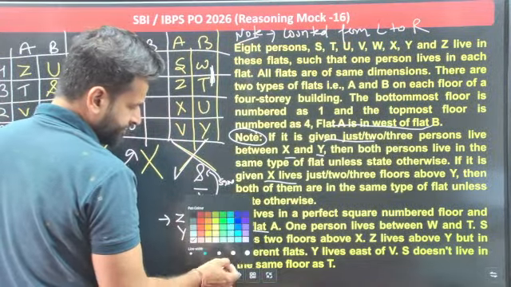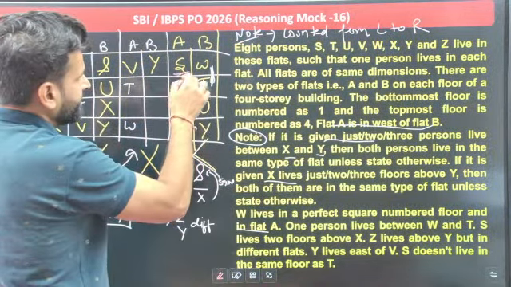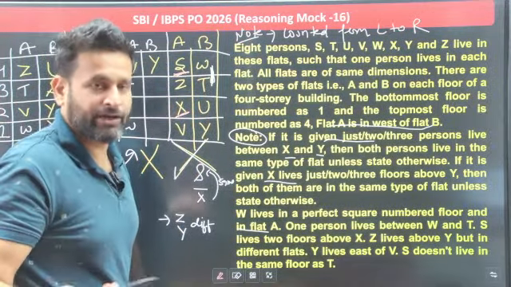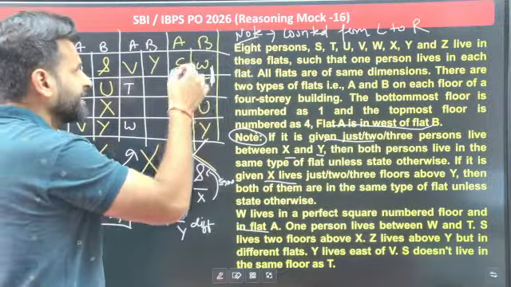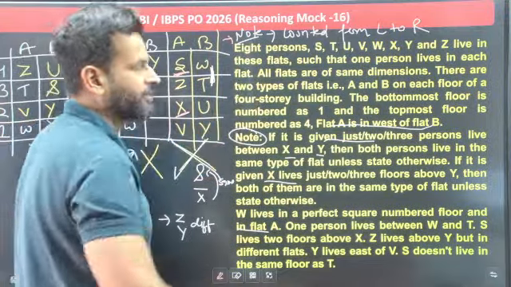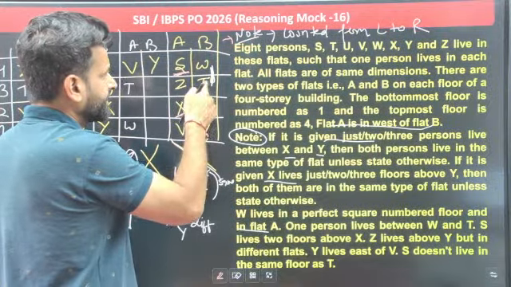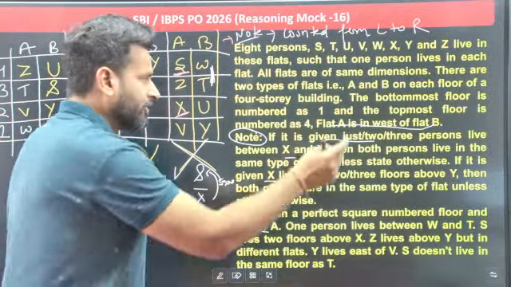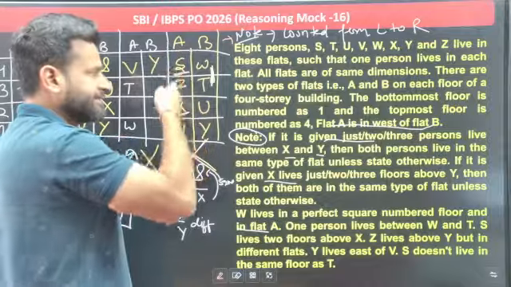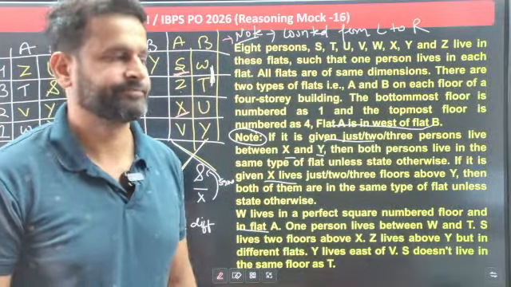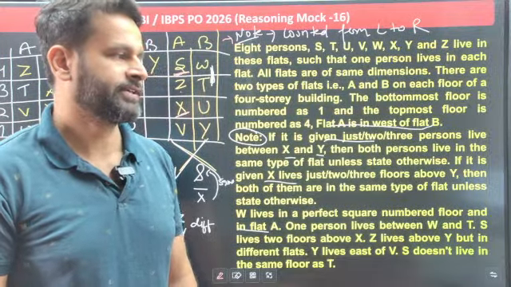For example, if I ask in this question, how many persons are living between S and X, note when counted from left to right, your answer will be one, two, three, three persons. But according to this condition, S and X counting is done in this way: only one person, that is Z. I hope now it is okay.